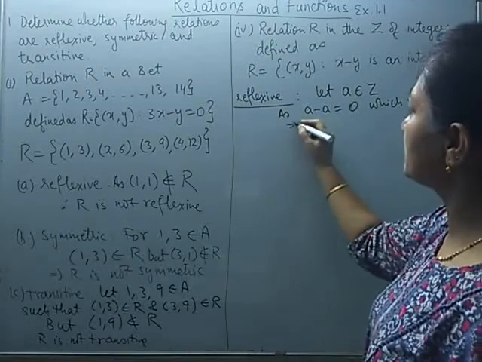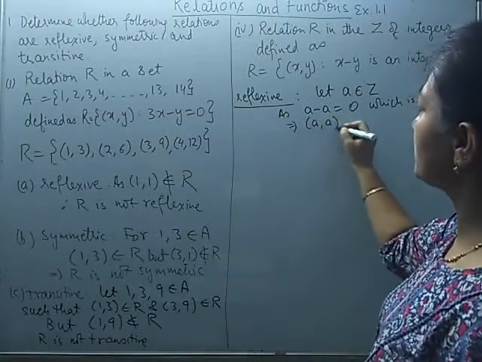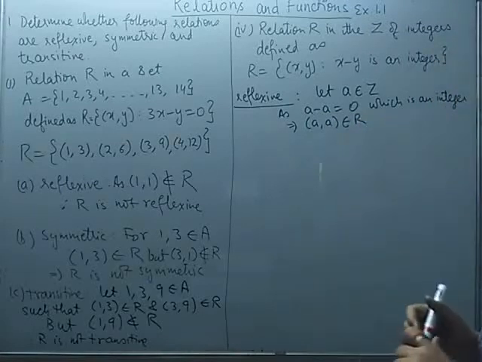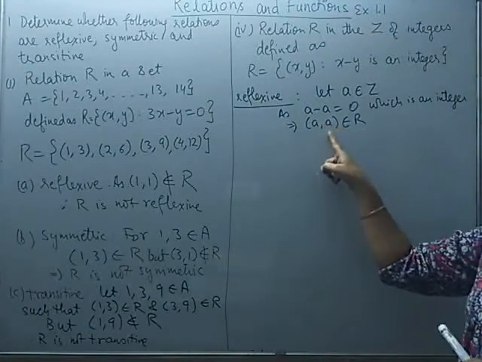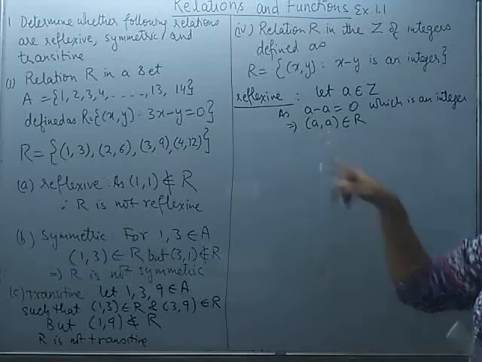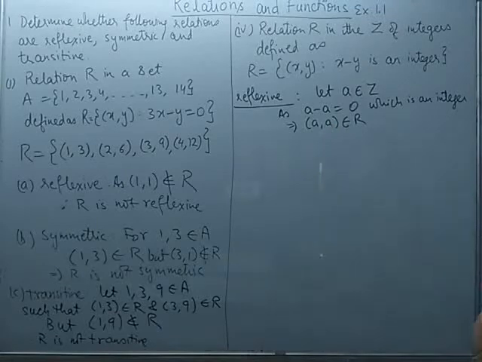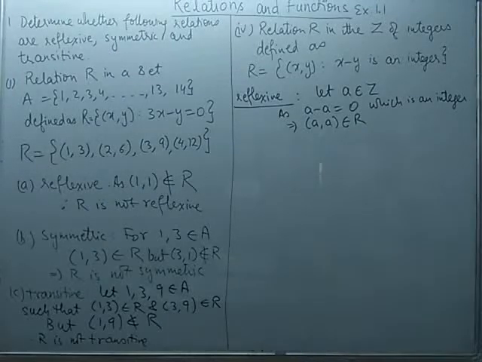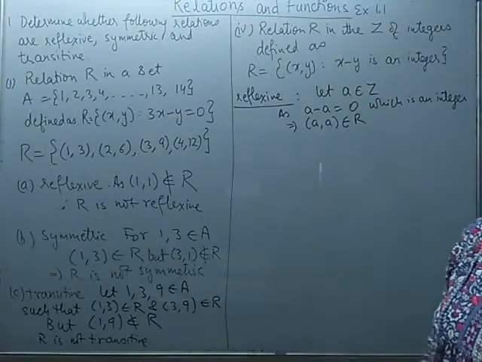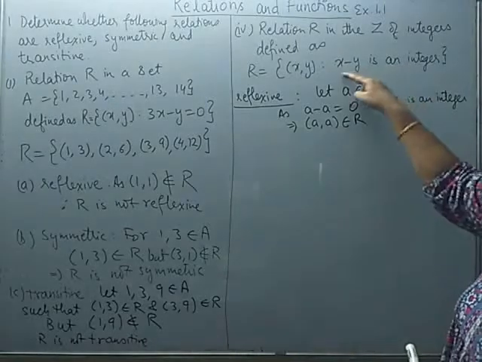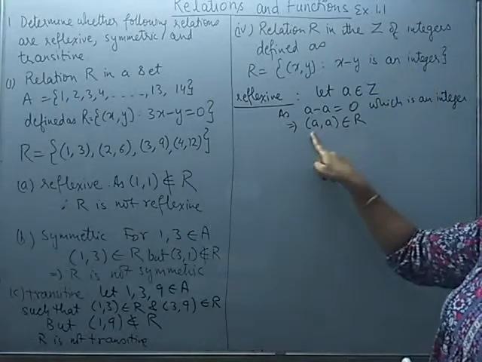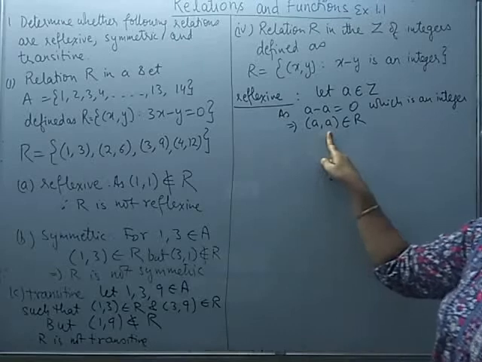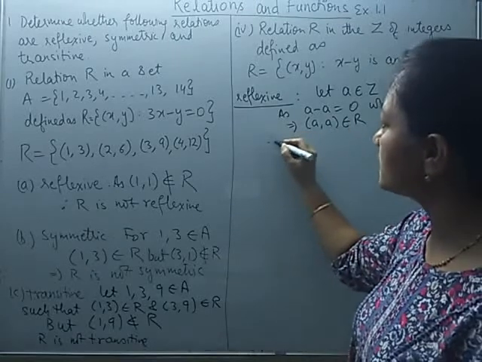This implies (A, A) belongs to R. That means every integer satisfies the given relation with itself. You can verify it for all the integers. Whenever the difference of an integer is taken with itself, we get 0 and 0 is an integer. That is what is required. So R is reflexive.